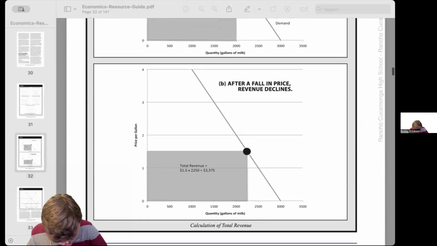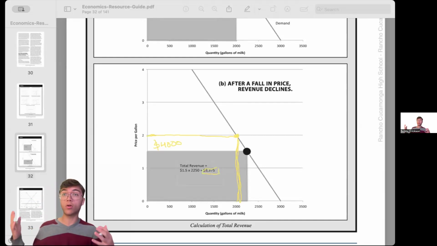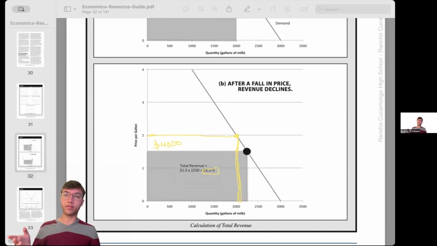So our original amount was 2 and 2,000, if you remember. So our revenue right here was $4,000. And notice that our total revenue has decreased. So this is implying already, if we already know this, that this is going to be an inelastic demand. So you need to connect those ideas because it might say, oh, there was a decline in revenue.